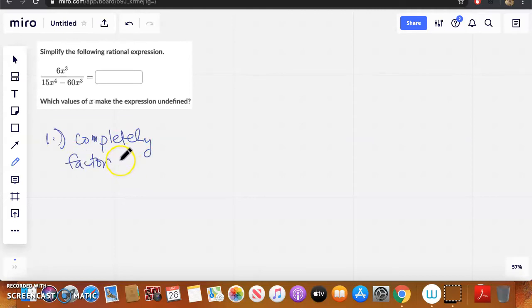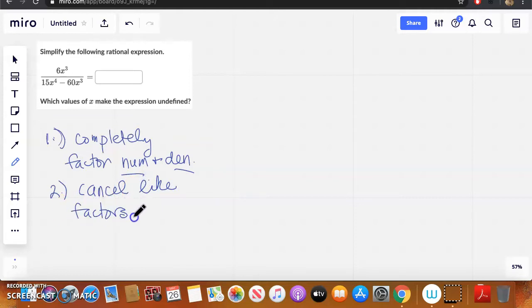We have to completely factor the numerator and the denominator, and then we have to cancel like factors. Once we do that, we'll have the simplified version of this. So let's do it.